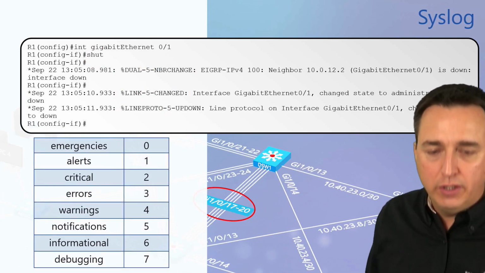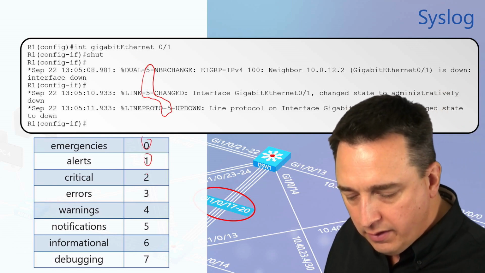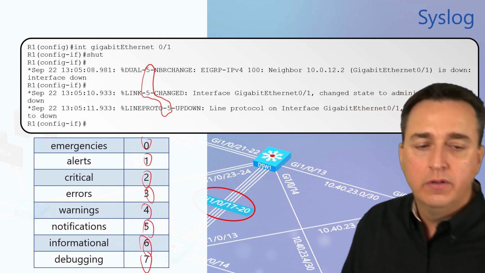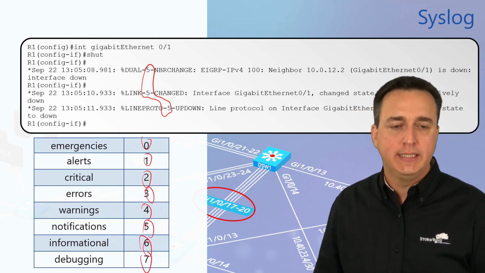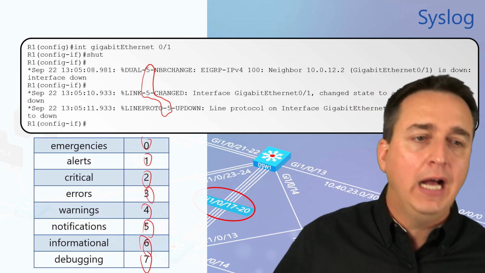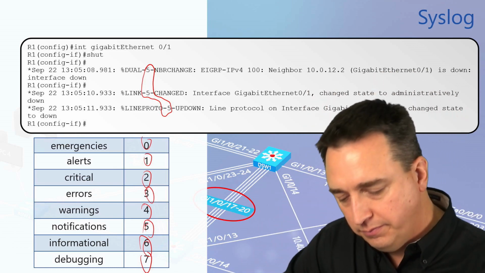So the severity levels are extremely important because they identify the criticality of the actual message, how severe it is. Should you memorize this? Sure. Yes, please. Please do.